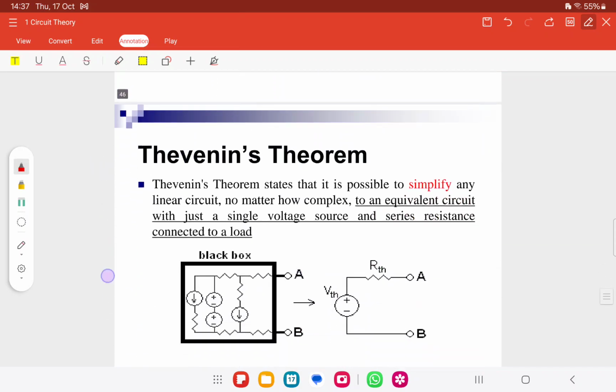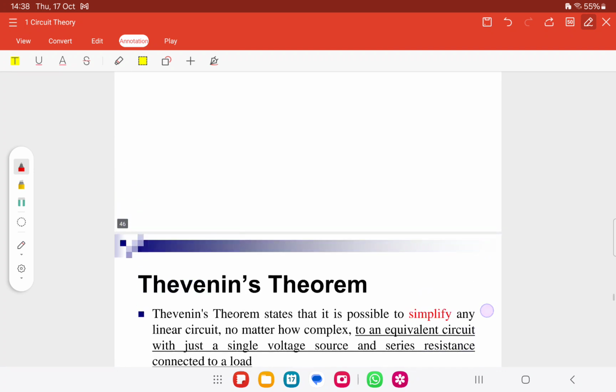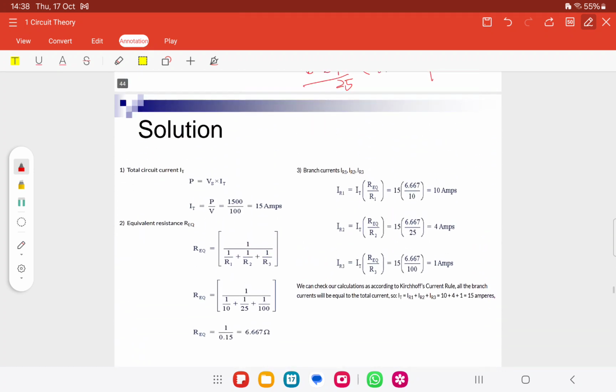Alright. Boleh, can we go to this Thevenin's theorem? Okay. Saya nak tunjuk one more thing.